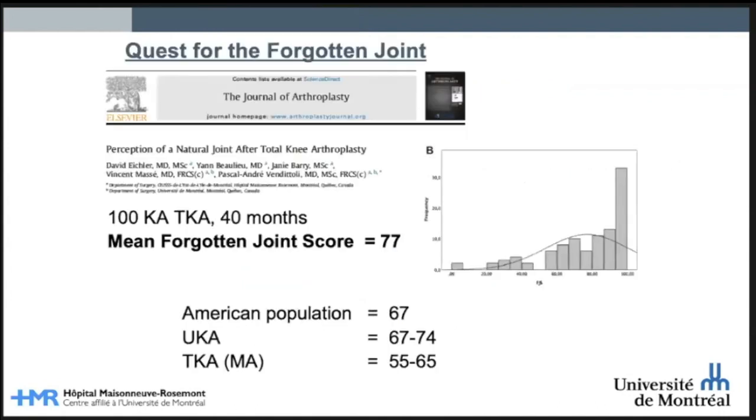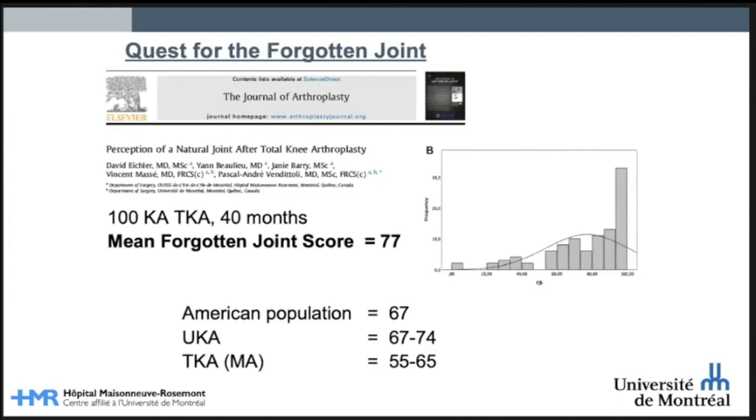This is another study where we assessed the Forgotten Joint perception in a group of 100 KA total knees after 40 months. Our mean Forgotten Joint Score was 77, which is one of the highest scores published yet.